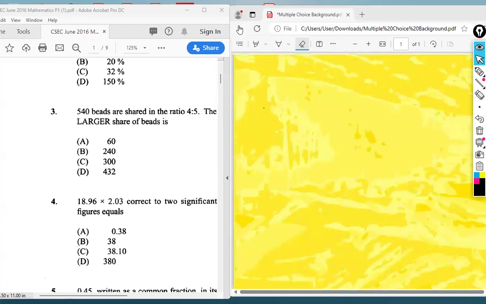Now, remember, for number 3, ratios is just a fancy way of writing fractions. So if you have the ratio 4 to 5, we know 4 to 5 is not a fraction because fractions have a numerator and a denominator. How do we get the denominator?